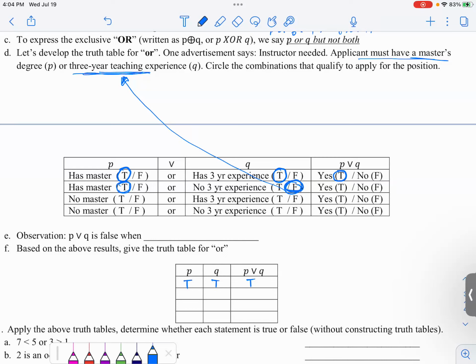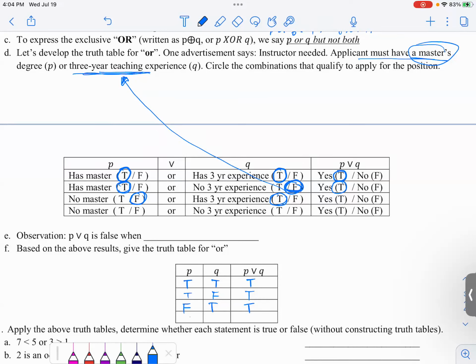I believe so, because you already have a master's degree. So true, false, you're going to say yes, you can apply. If you don't have a master's degree, but you do have 3-year experience, certainly you are eligible to apply because it says or, either or, right? As long as you have one, then you are eligible to apply.